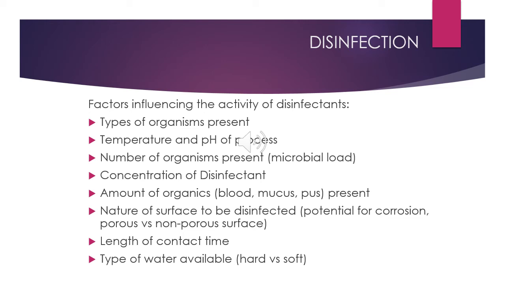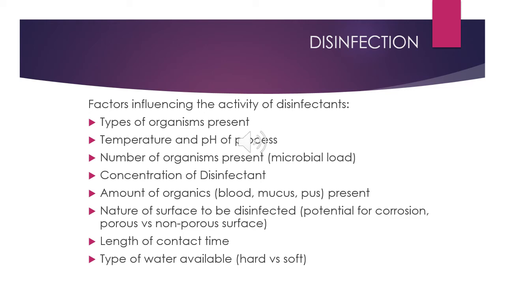Of course, the types of organism that you want to eradicate, the temperature and the pH during the process, the number of organisms present. For example, if there is a lot of microbial load, you would need more contact time if you're going to use a chemical sterilant.